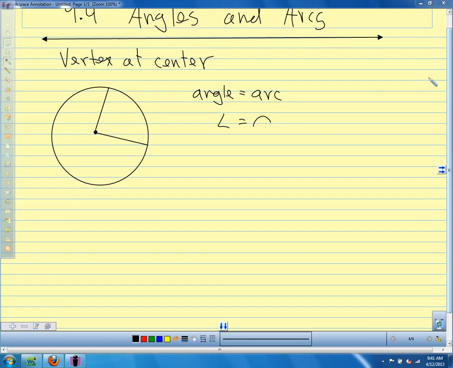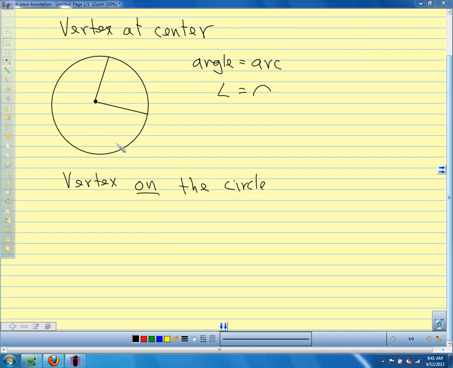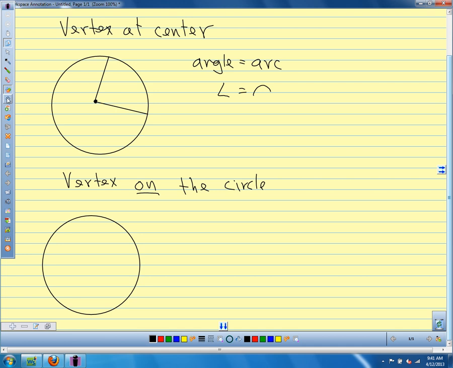So that's our first rule. Angle equals arc if our vertex is at the center. Our second arrangement was if our vertex was on the circle. So that was the second rule that we learned. And I'm going to draw a couple different pictures.